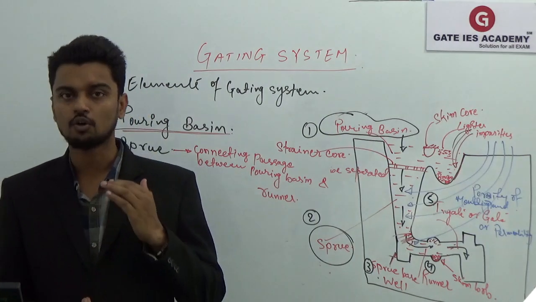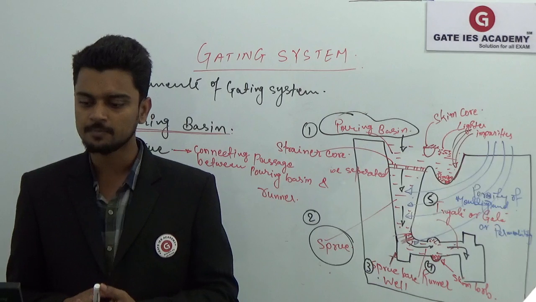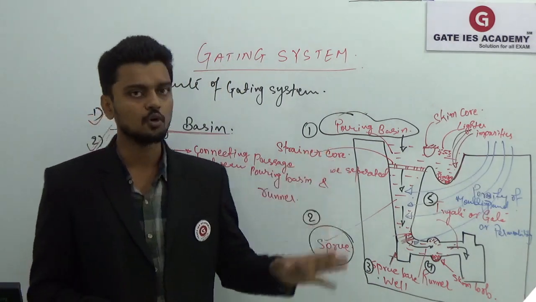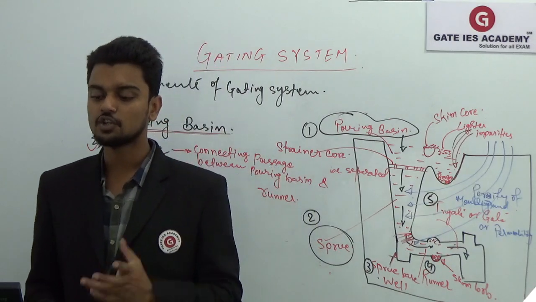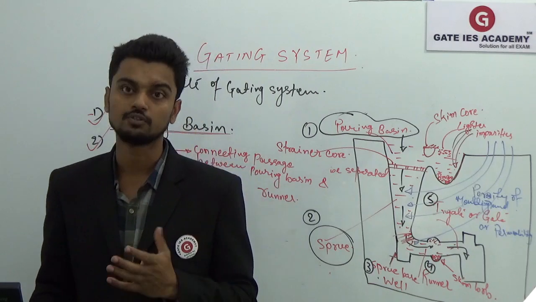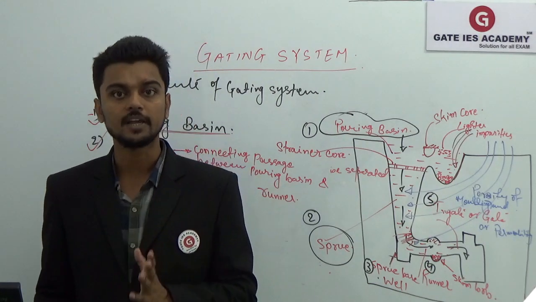We have to make the constant head. It separates the lighter and heavier impurities by using the skim core. The next thing is it reduces the momentum of the molten metal so that it enters into the sprue without any turbulence. The main function of the pouring basin is to reduce the momentum of the molten metal.